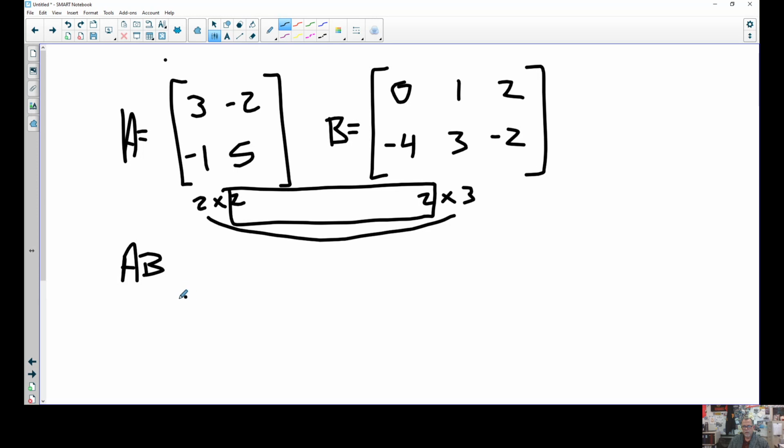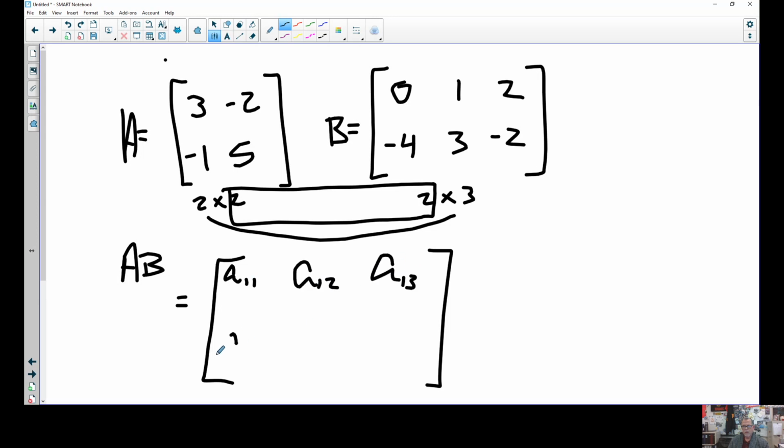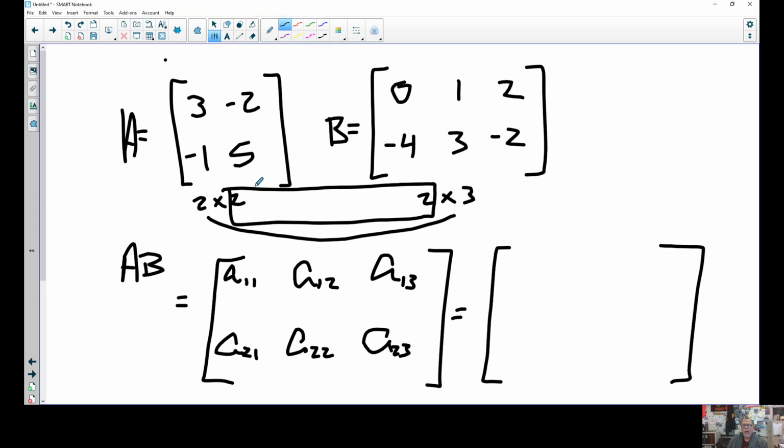So AB is going to look like this, where I'd have A11, A12, A13, A21, A22, and A23. And we can find out what those are. Let's start getting ready to fill these in.